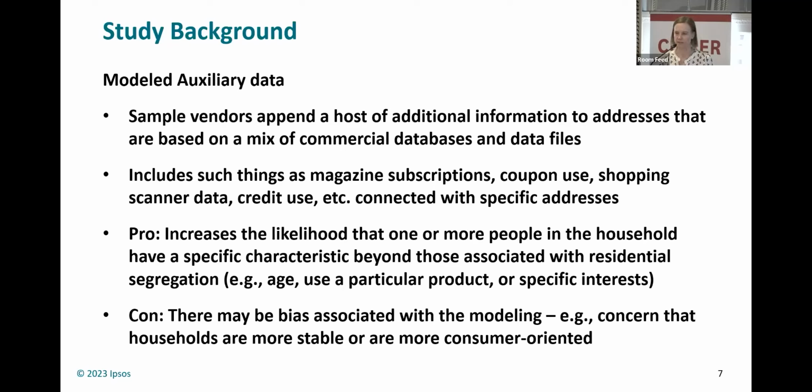But the con is that you're relying on this modeling, and we don't maybe necessarily fully know how that modeling is being done and what bias is associated with leveraging that modeling. It's possible that the households are more stable because they've been there longer, so the information is more accurate, or maybe they're more consumer oriented, right? Because we're leveraging a lot of this commercial information.